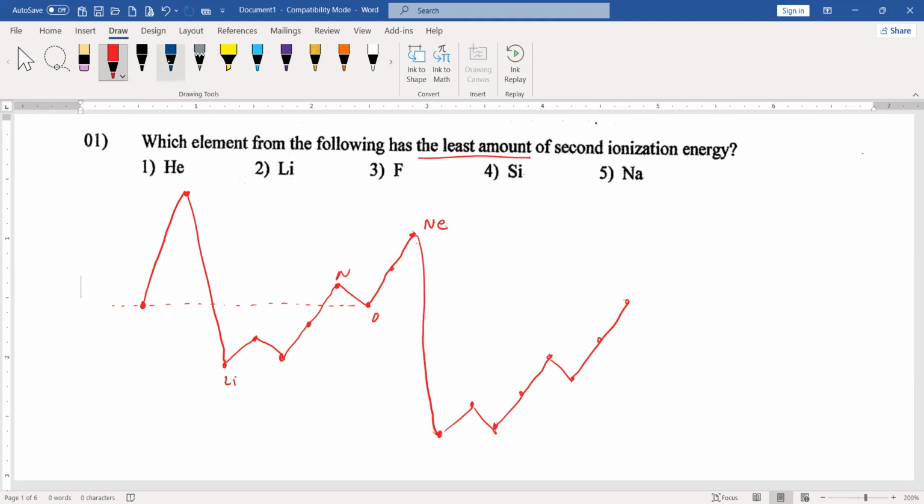Then the second ionization energy normally we draw starting from the second group and follow the same variation, same pattern. Like this.